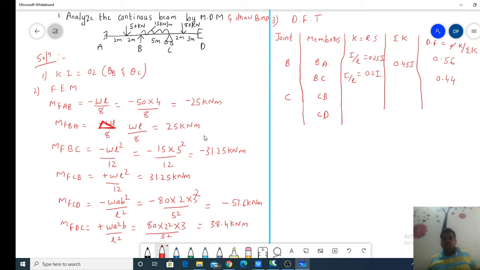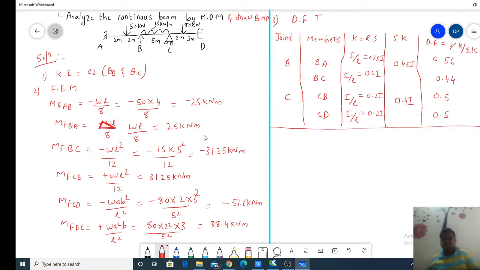For CB, B is a continuous support, so once again this is I upon L. I upon 5 is again 0.2 I. Similarly for CD, it is once again I by L because D is fixed, so it is again 0.2 I. The sum will be 0.4 I. Similarly the distribution factors are 0.5 and 0.5. So this is the distribution factor table.